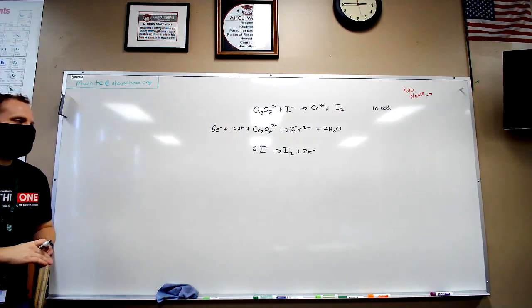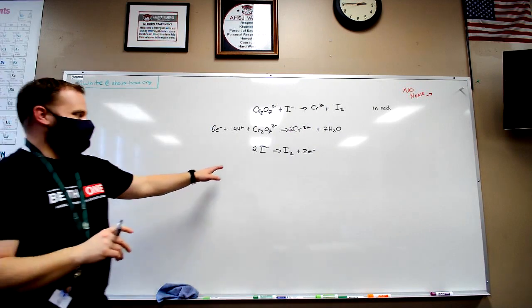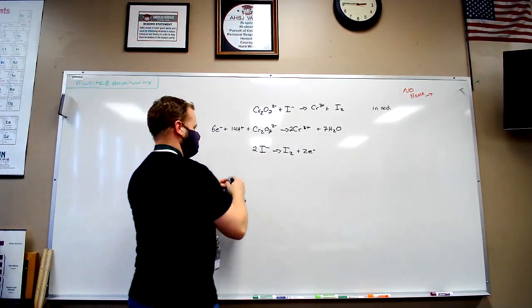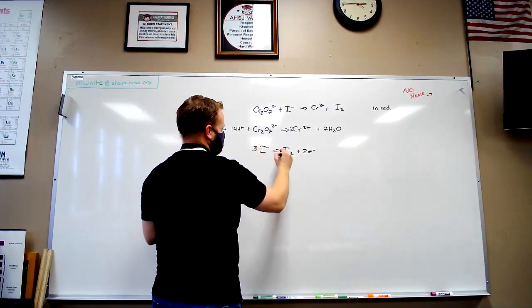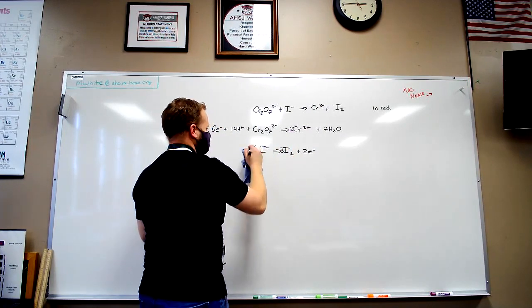So now we need to get them to the point where when we add them together, the electrons cancel out. This one is also easier than the previous one because we only have to multiply one of the half reactions. If we multiply this by 3, there we go.